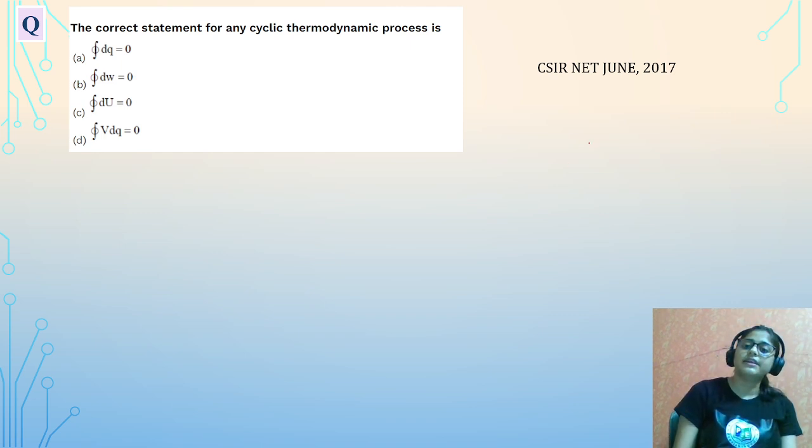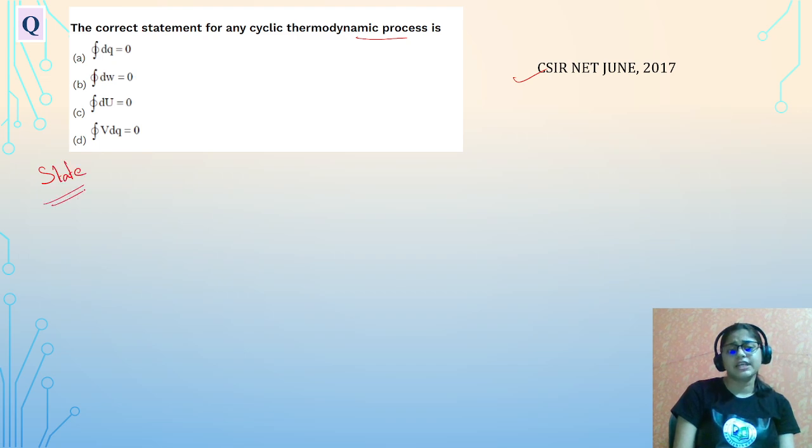So this is from CSIR-NET June 2017, which is asking for the correct statement for any cyclic thermodynamic process. Okay. So we have read it, right? For a state function, in a cyclic process, the integral will actually be 0. So we have to find out which one here is the state function, right? So this will be dq, this is a path function. W and q are path functions. This will not be a state function, so this will not be 0.